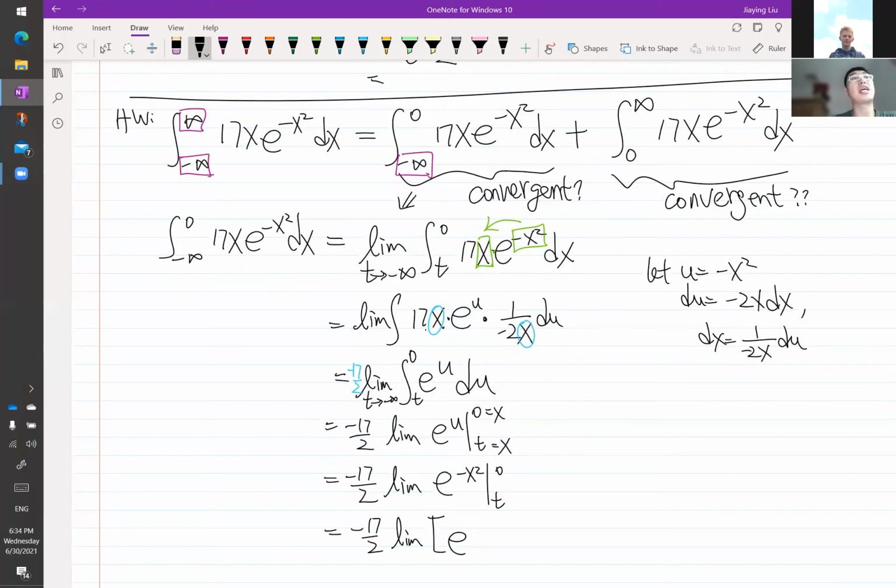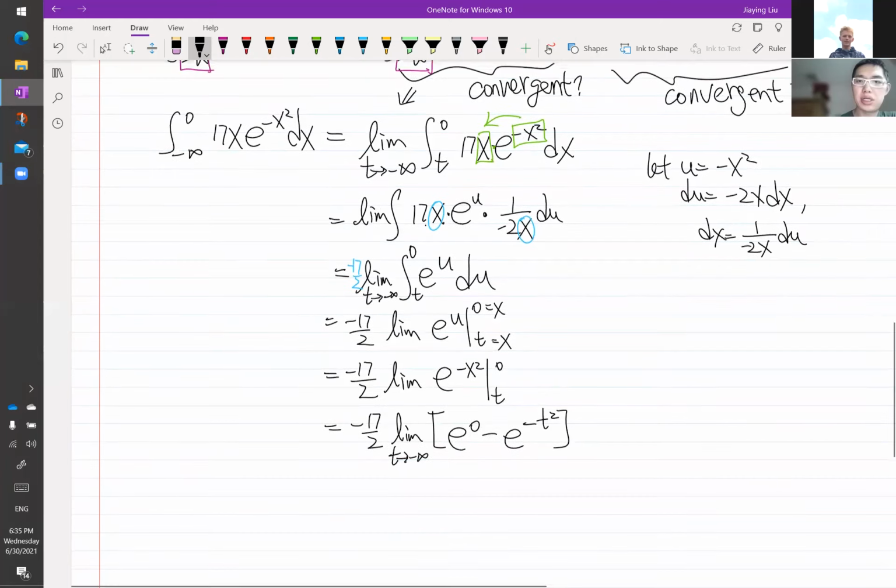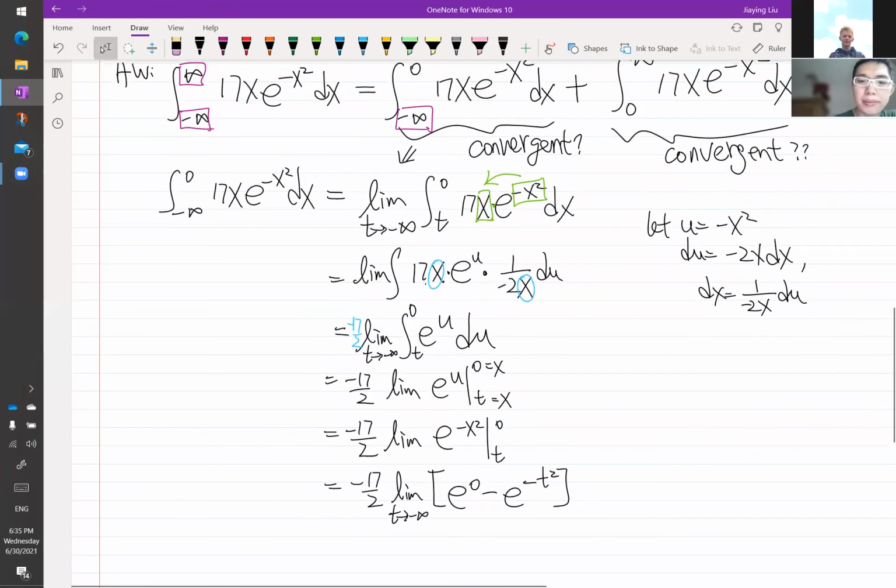That's e to the negative 0, just e to the 0. You can figure out what that is. Minus e to the negative t squared. And then t going to negative infinity. And just keep carrying along the constant.